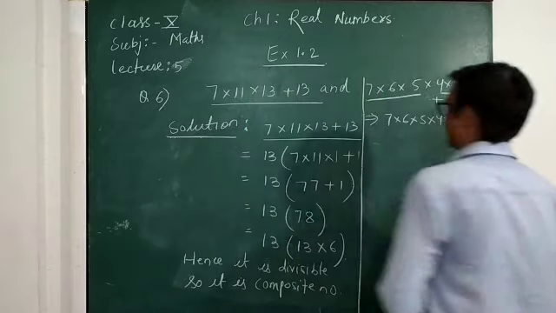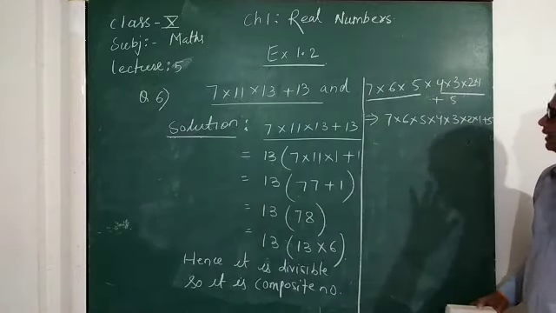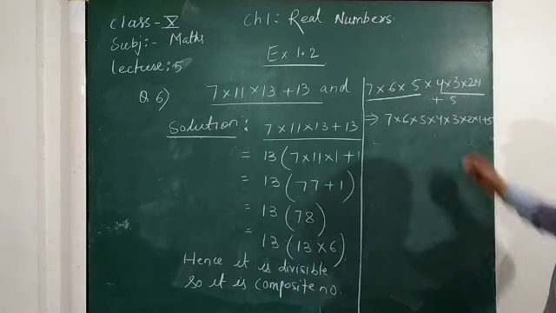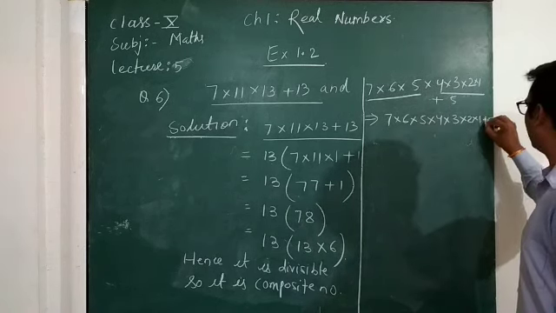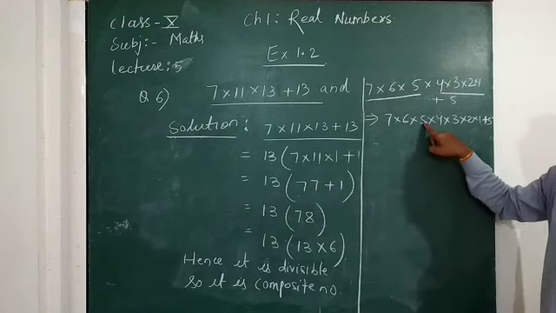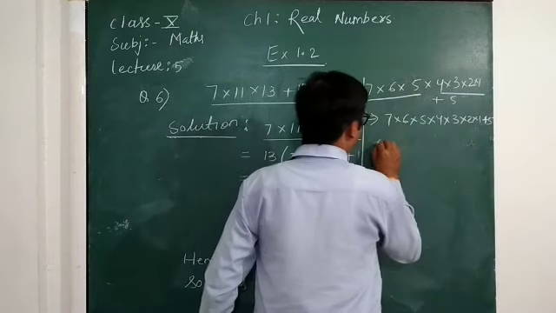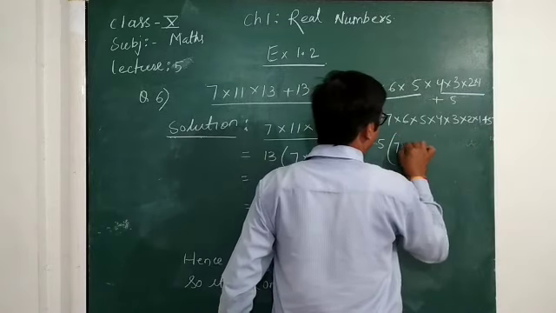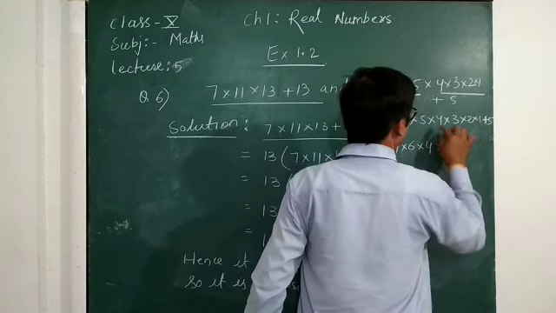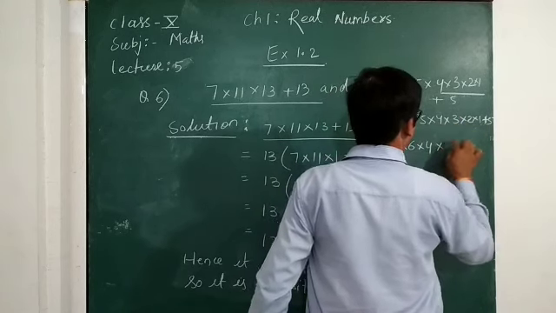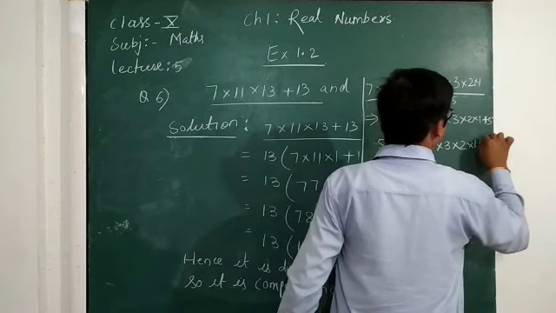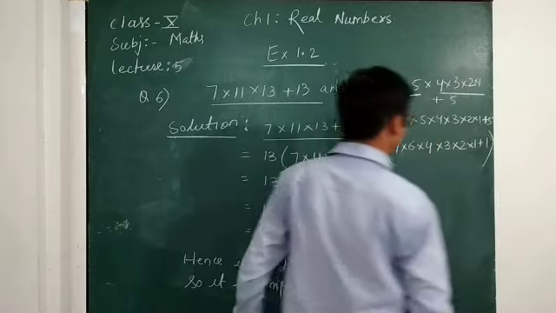If you see carefully, after the plus there is 5, and here it is also 5. So we can take 5 as common. So we will get 5 into (7 into 6 into 4 into 3 into 2 into 1 plus 1).